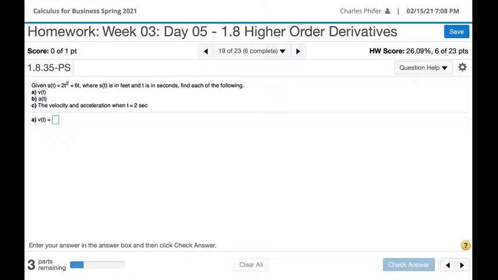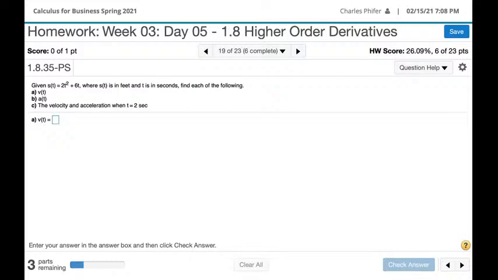Anyway, okay, we got 1.8, question 35. I don't know what that PS stands for, but it comes to section 1.8, question 35. Maybe a word problem. Given S of t equals 2t squared plus 6t. It says that S of t is in feet and t is in seconds.